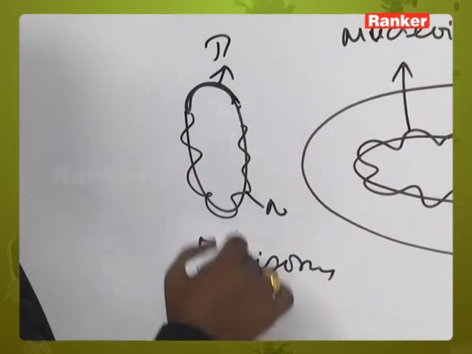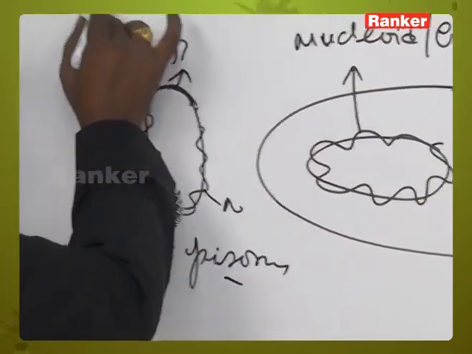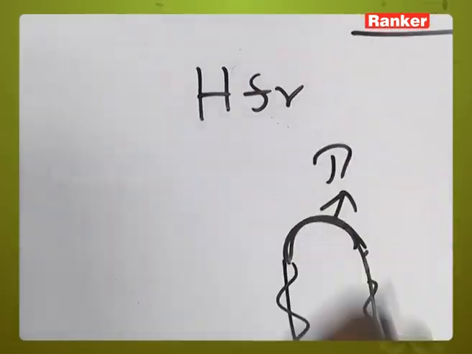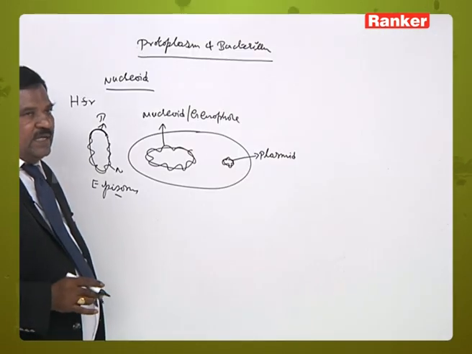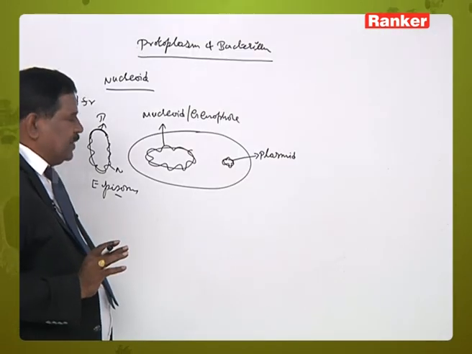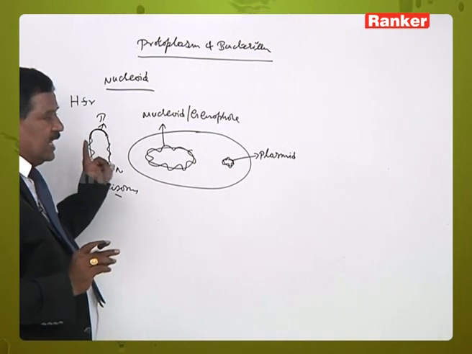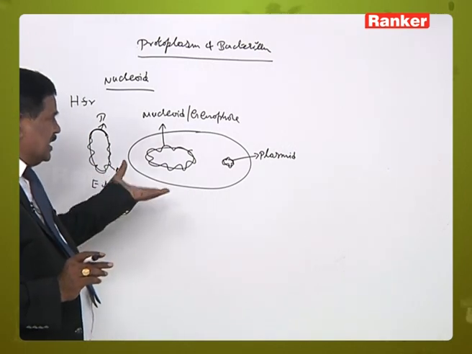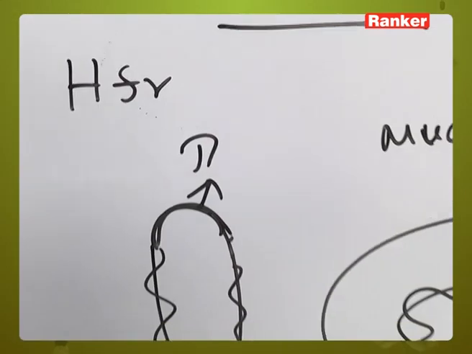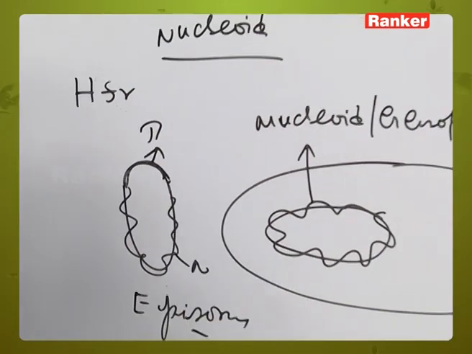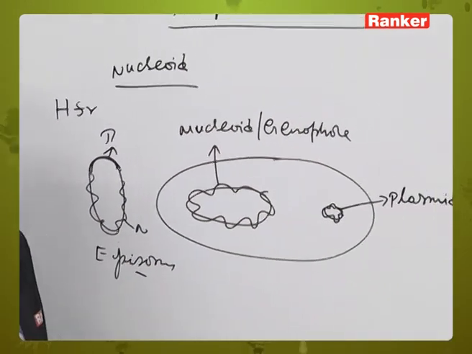We observe such episomes in HFR strains. In normal strains, the plasmid is present freely, separately; the nucleoid and plasmid are present separately.